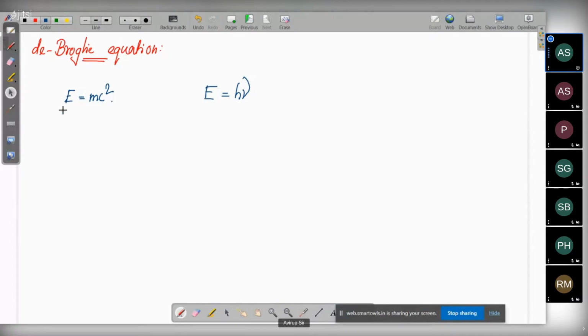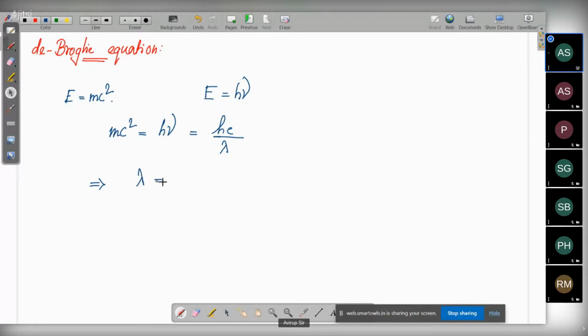De Broglie just equated these two things, so he got mc square is equal to h nu. Now what can we replace nu with? Nu can be written as c by lambda, which we had seen in the previous wave part. Now from here, make lambda the subject of the equation.